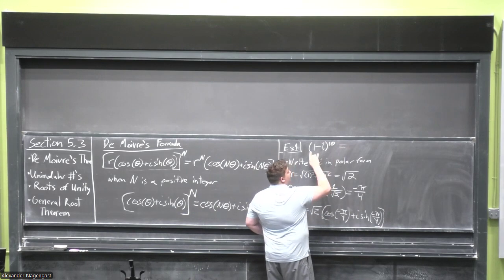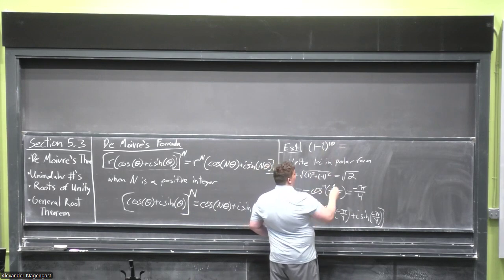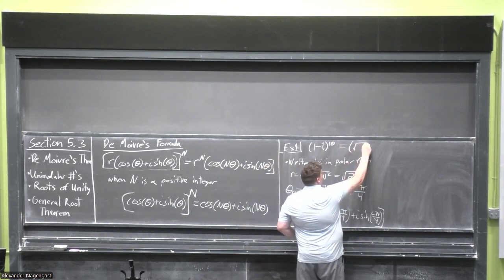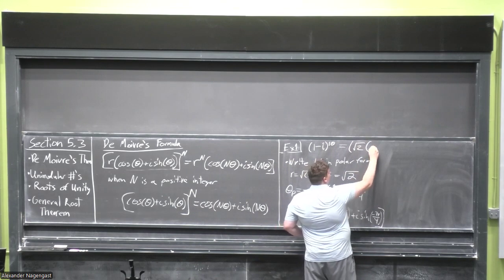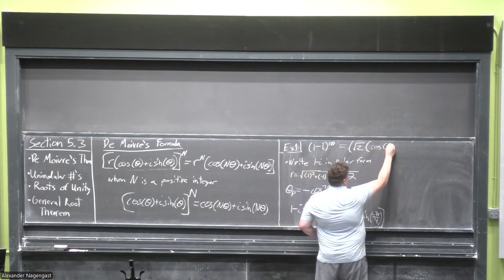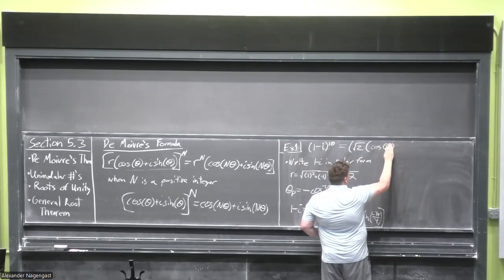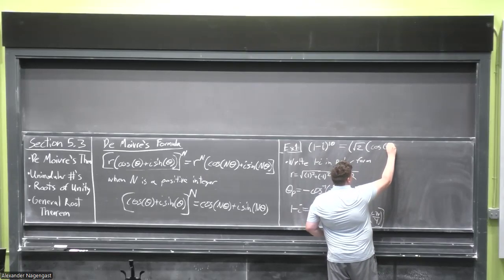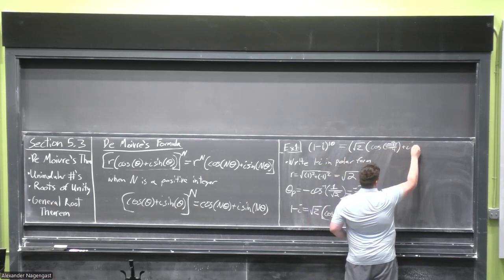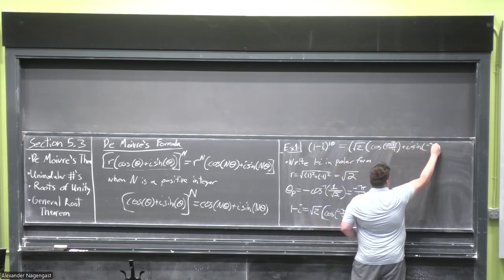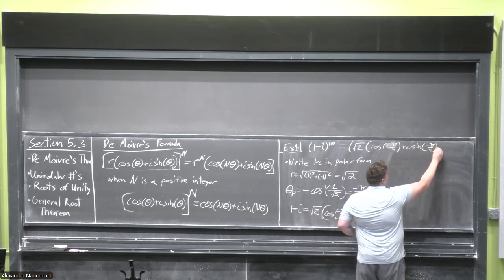So we can rewrite this expression as square root 2 times cosine of theta, our theta is negative pi over 4, plus i times sine of negative pi over 4.